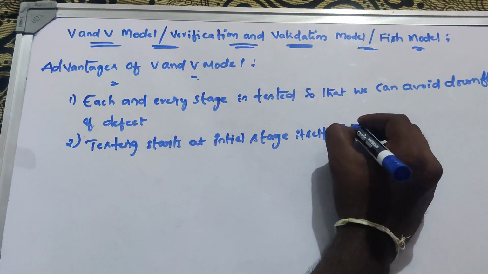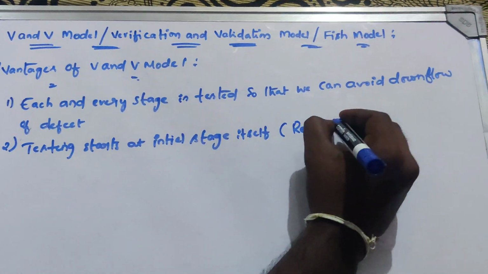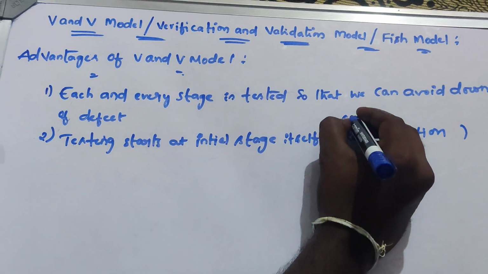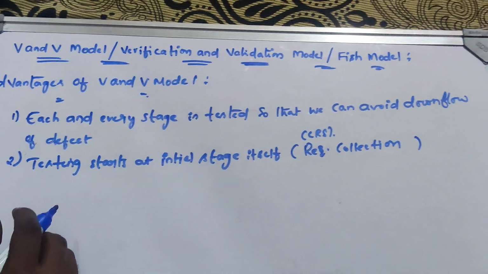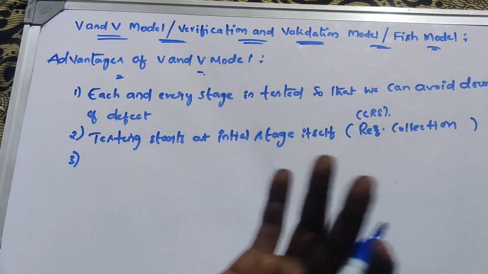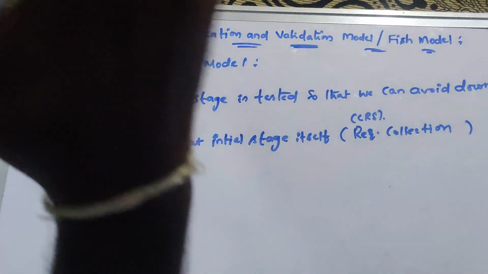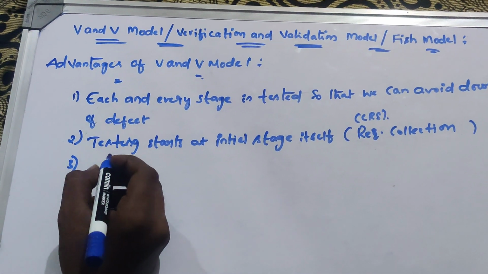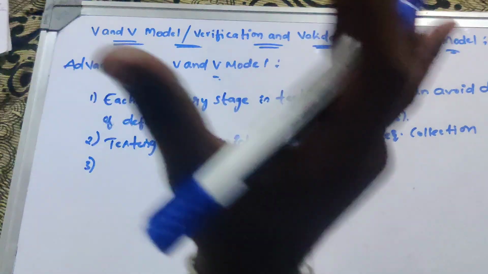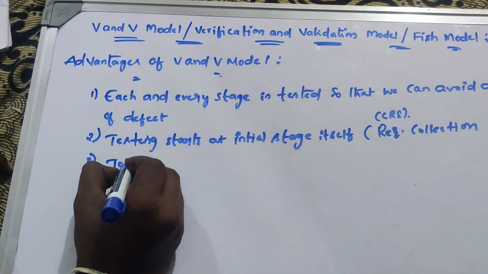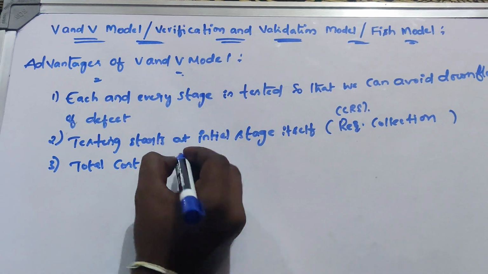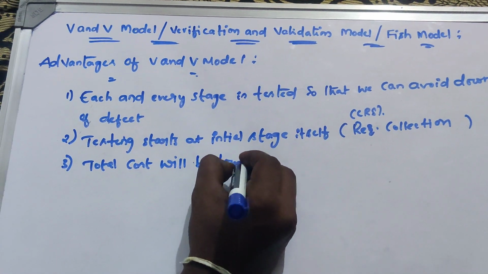Initial stage means from requirement collection. So actually the total cost will be low. Total cost means the total cost of completing the project will be low, compared to the waterfall model. Total cost will be low.